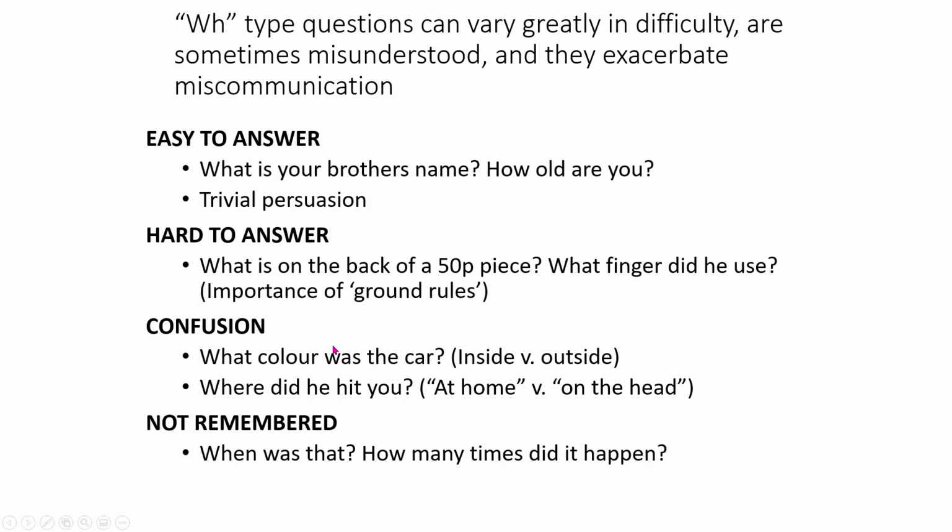And so when interviewers need to ask questions, it could have been quite important in the case to be able to confirm that the child's description of the car was indeed that of the person that they had arrested. What color was the car? So a good interviewer might recognize that a question like that, as simple as it is, could lead to a misunderstanding, and then good interviewers can improve the form of that question.